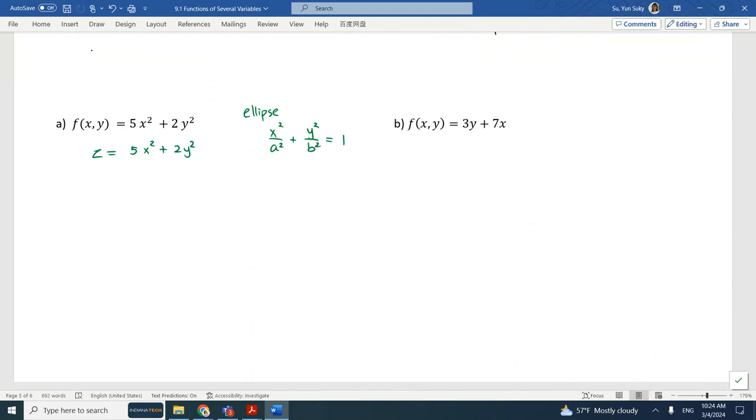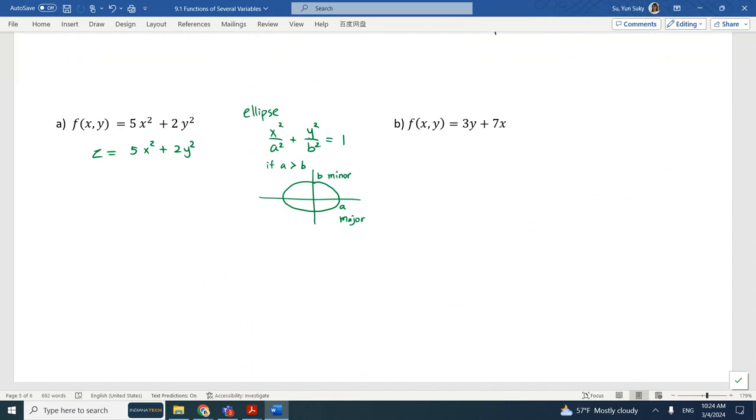And then it depends on a and b, which one is bigger. So if a is bigger than b, then your ellipse looks like this. This is a, this is b, and a is called the major axis, b is called the minor axis.